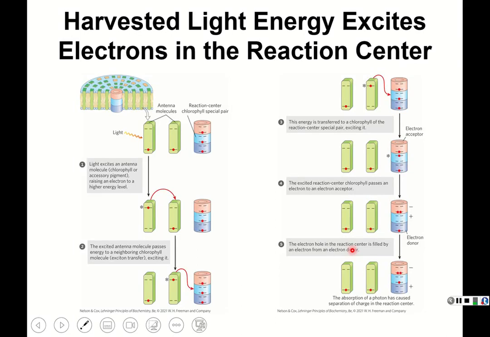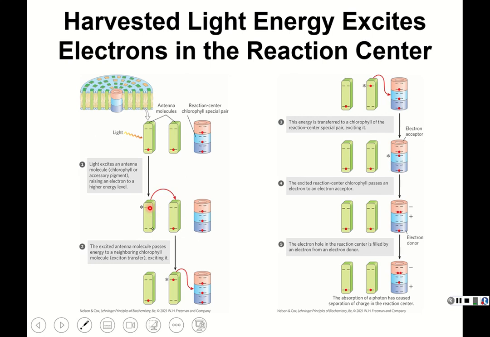So how does this process work? Well, one of these antenna molecules, when they absorb light, what happens is that an electron from a ground state can be excited into an excited state, right? So you absorbed a photon of light. That energy equals the transition between the ground state and the excited state.